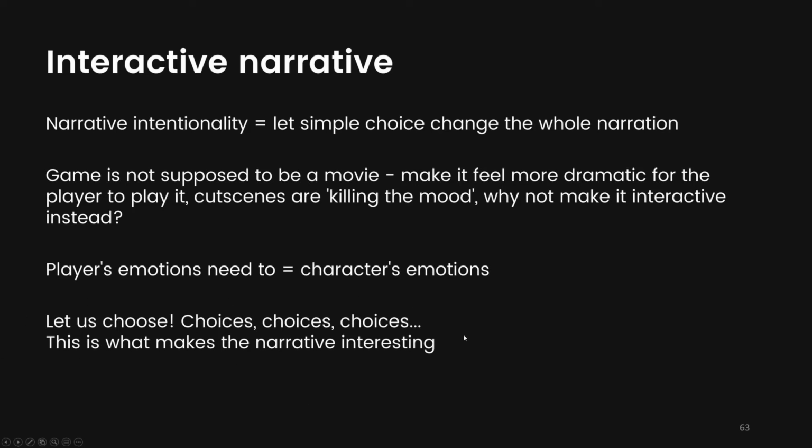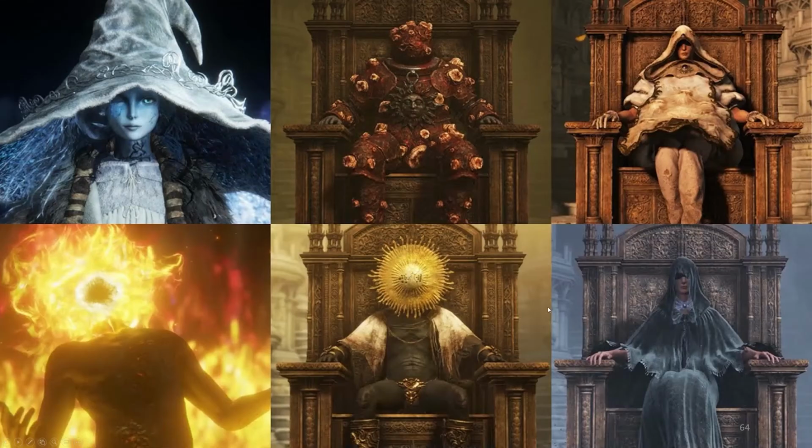So again, choices, we need to choose a lot of things. Choices are used very widely in recent games, and this is what makes the narrative interesting. In Elden Ring, we have already discovered 6 completely different endings for the game, but those vary from a lot of different choices you can take throughout the whole game. So this is why it's different.